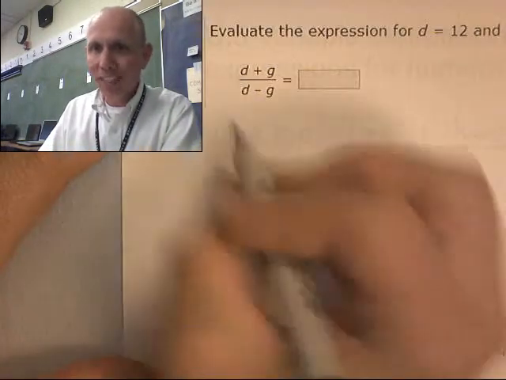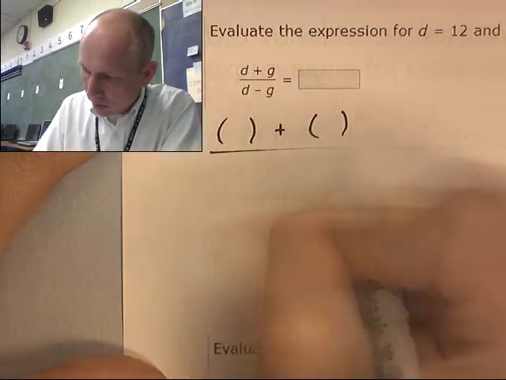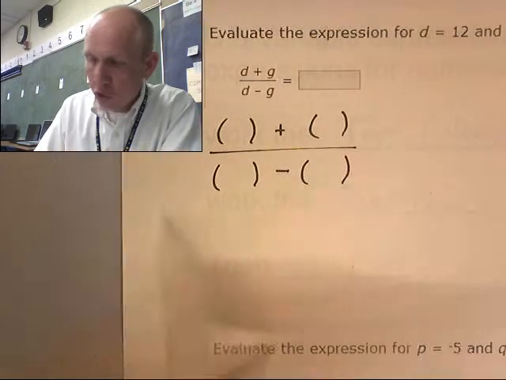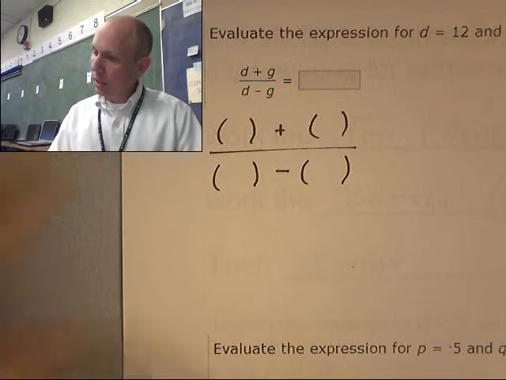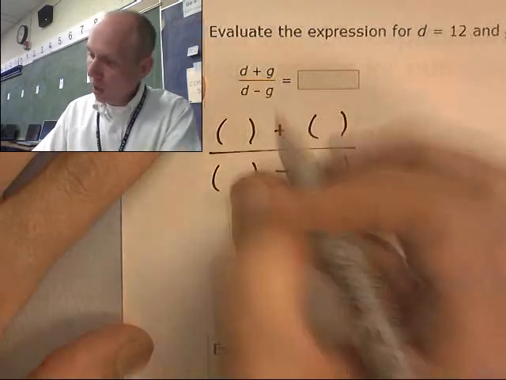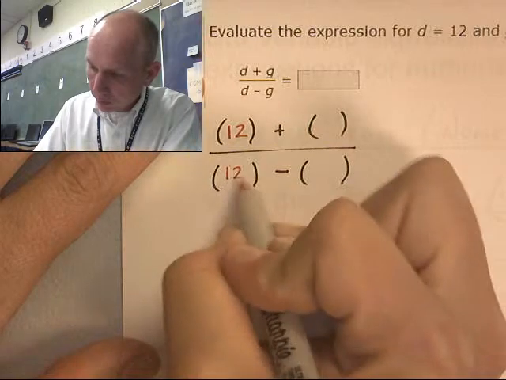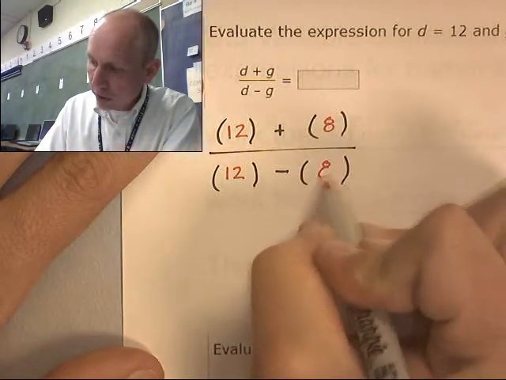I'm going to remove the D and the G and replace them with parentheses. And the same thing here, removing the D and the G and replacing them with parentheses. I'm going to put a 12 in where the D's are and an 8 in for the G's.